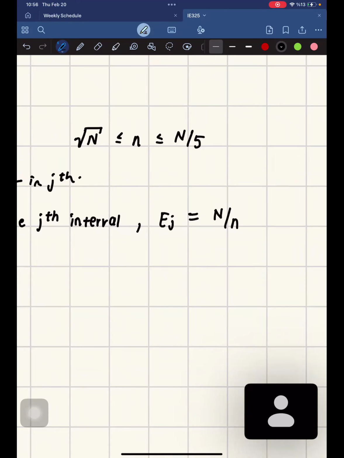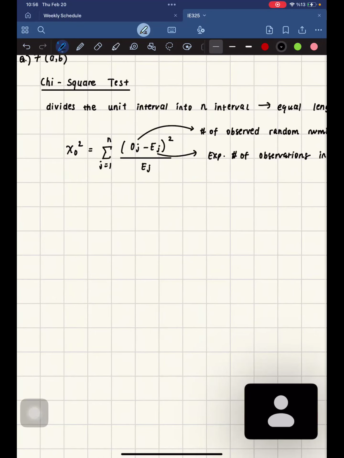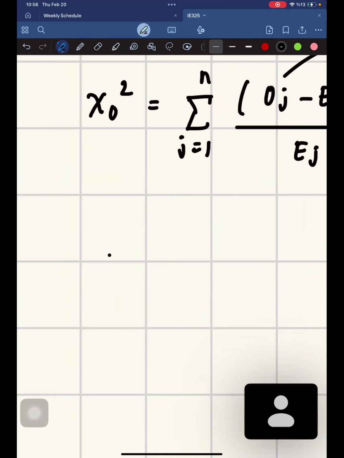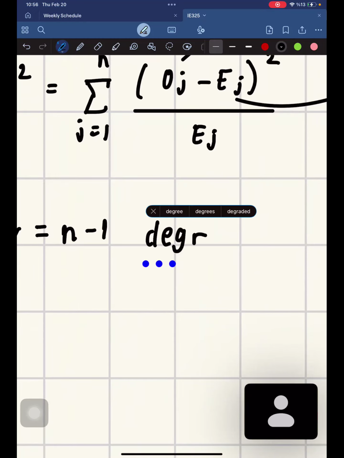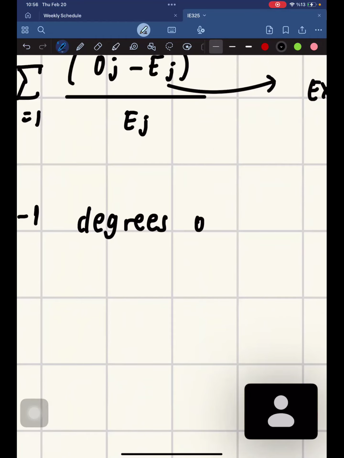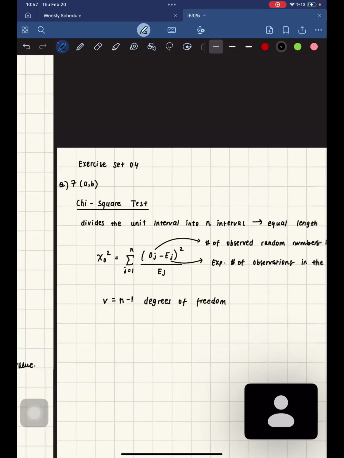If the sequence of random numbers R1 to Rn is truly uniform, the test statistic follows the chi-square distribution with V equals n minus 1 degrees of freedom. So we have an algorithm for the chi-square test.